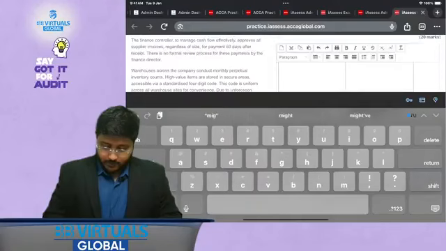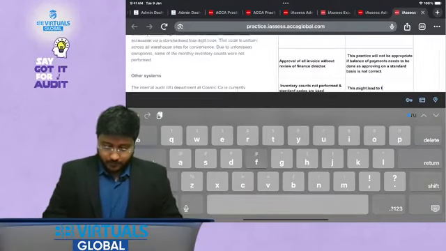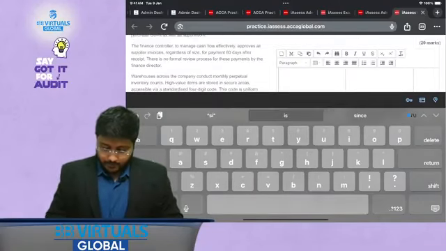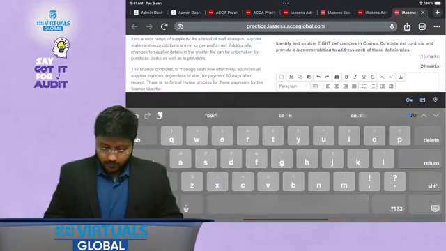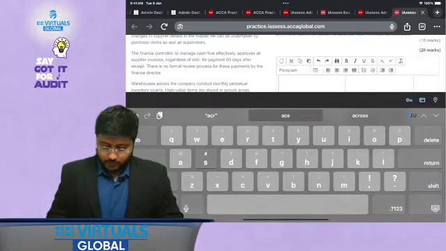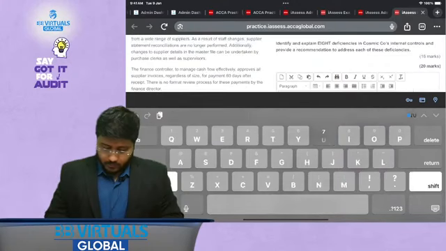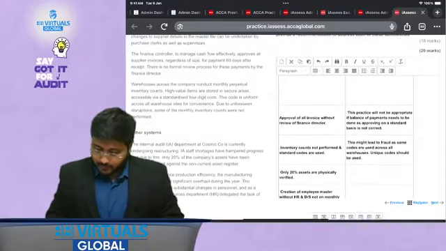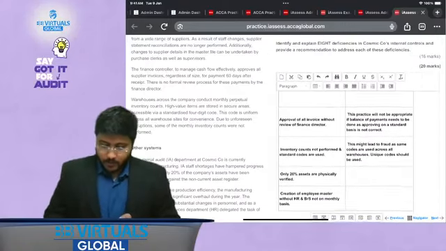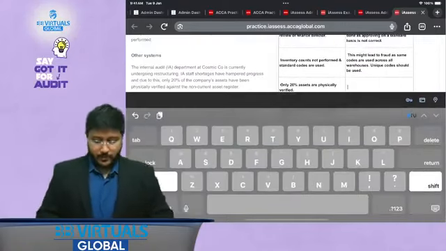This might lead to fraud as same codes are used across all warehouses. Unique codes should be used and only relevant people should be given the access also. Now, only 20% are physically verified.